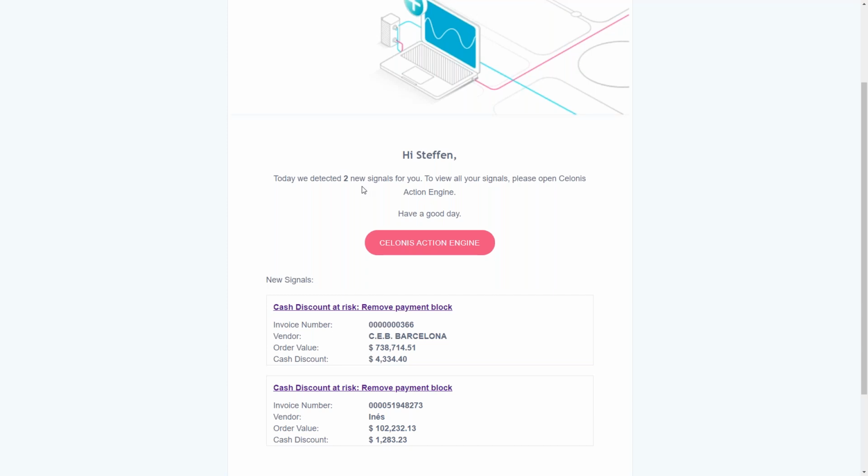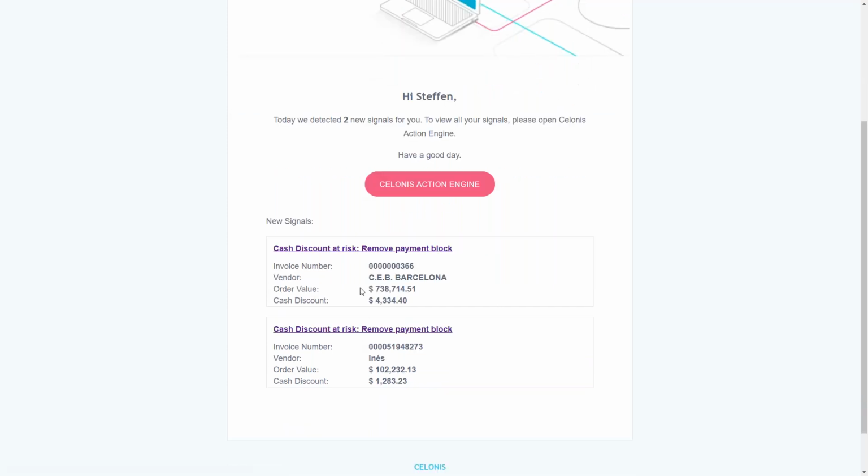This means 2 new recommendations or opportunities to intervene. And these 2 signals tell me that there are 2 particular invoices for which the cash discount is at risk because the payment block yet needs to be removed.